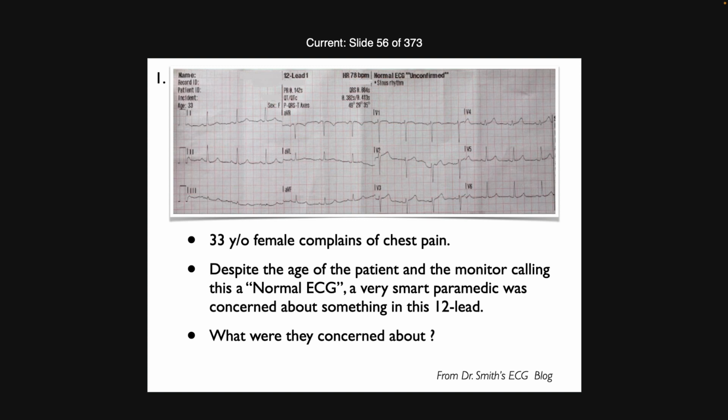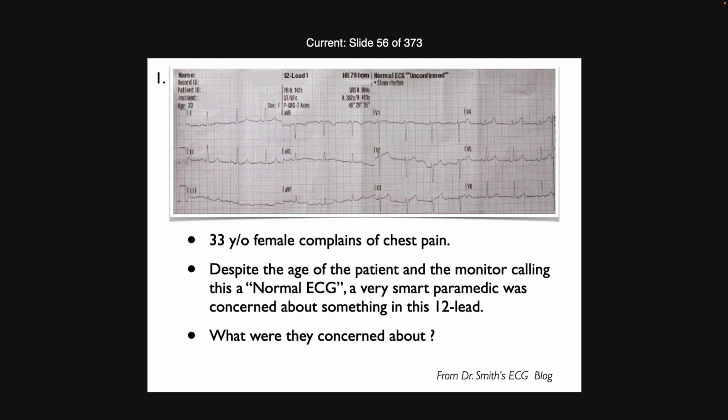But he had this example, and I really love this because it was a pre-hospital one, so it's the same stuff we're looking at. A 33-year-old female complains of chest pain. Despite the age of the patient and the monitor calling this a normal ECG, a paramedic was concerned about something on the 12 lead.